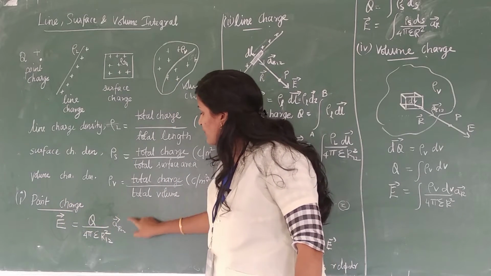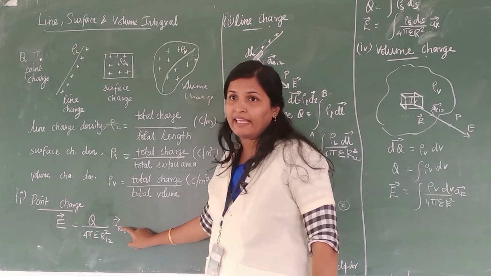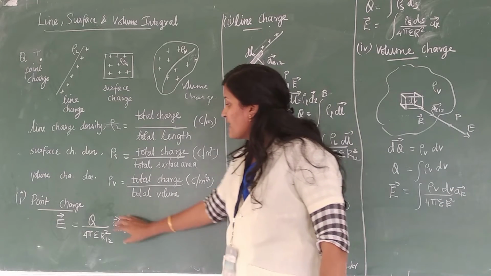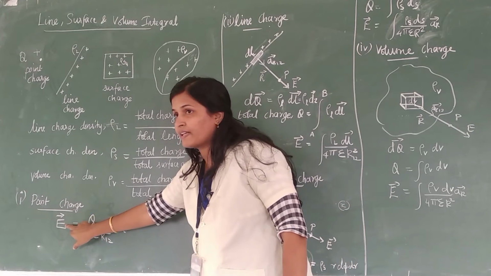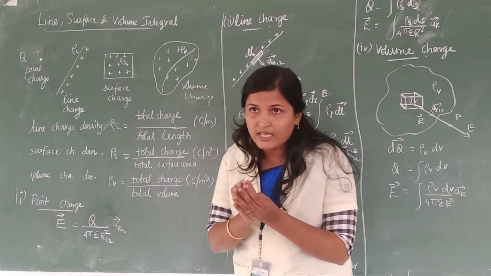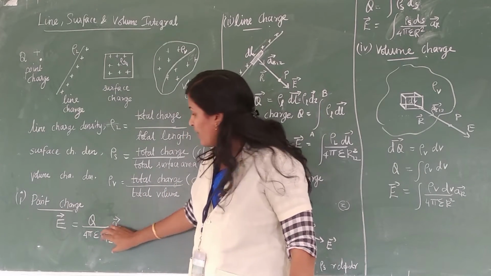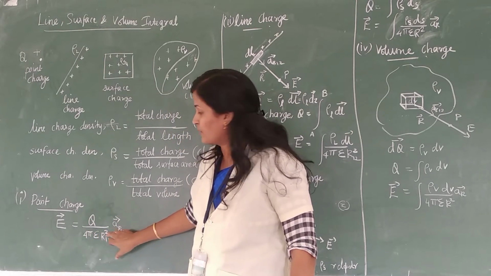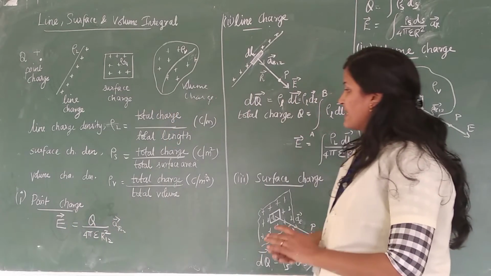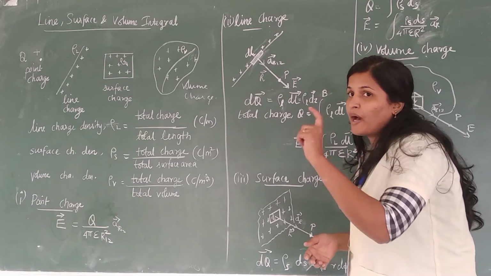So this is the electric field intensity of a point charge.